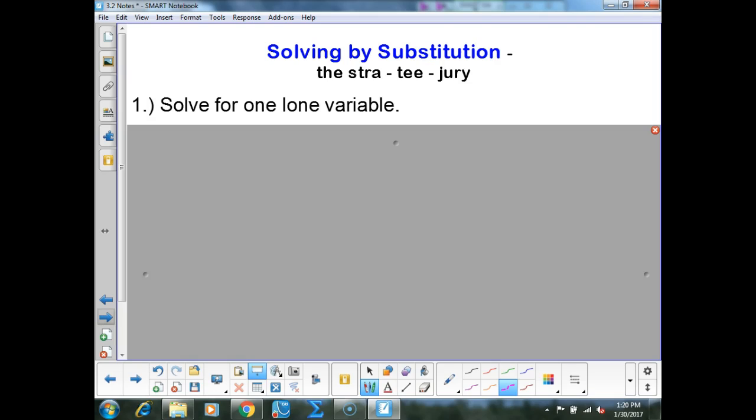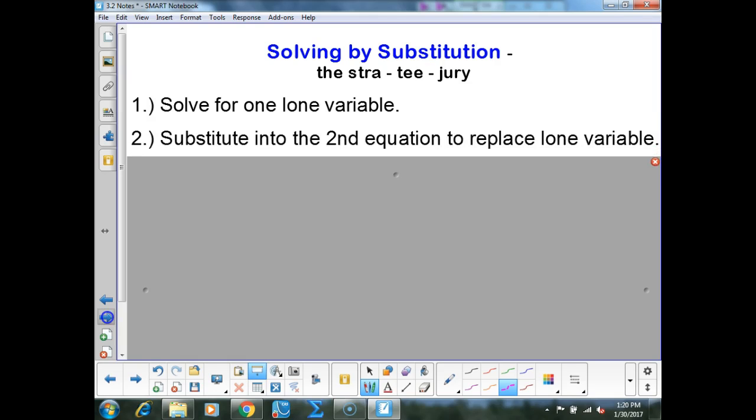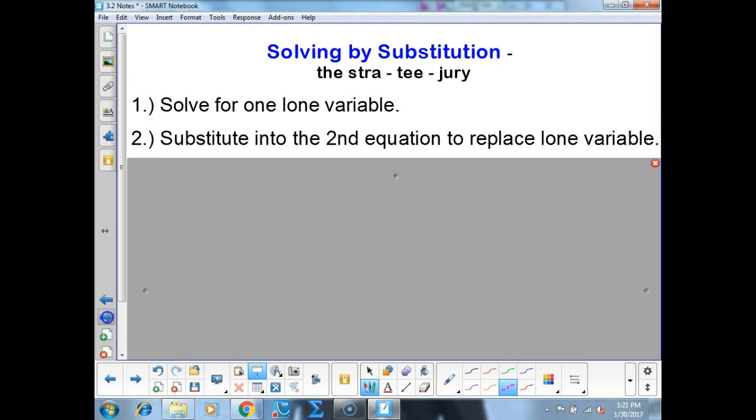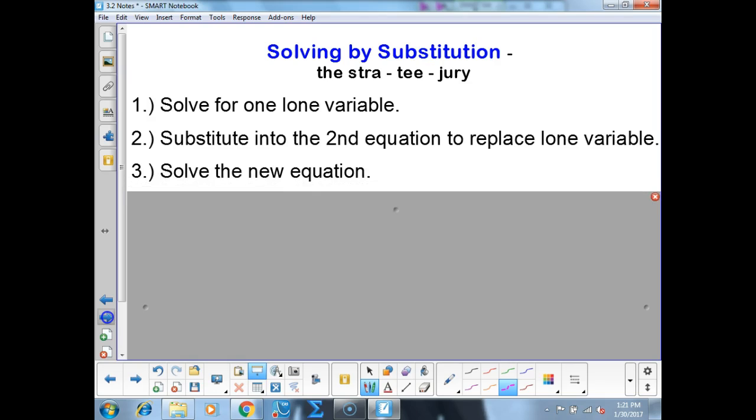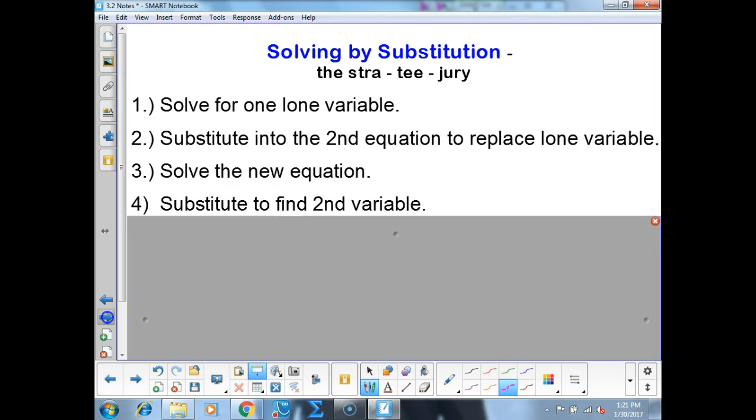Then substitute it back into the other equation. Then we solve that equation. Then we put it back and replace it again to get the other variable.